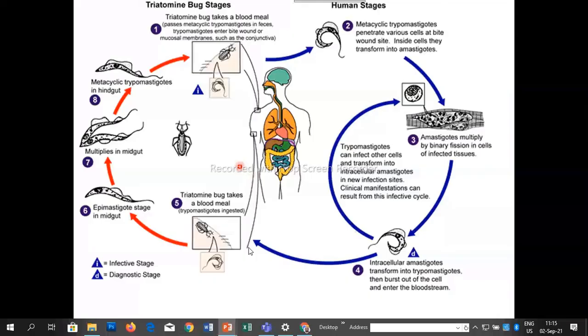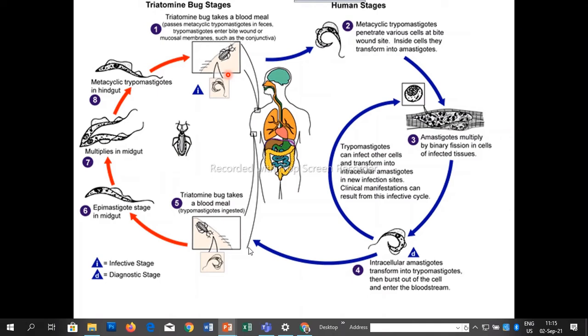You can see that a man is infected by a triatomine bug, which comes to take a blood meal and passes metacyclic trypomastigotes in feces, and the trypomastigotes enter the bite wound or a mucosal membrane, such as the conjunctiva, and penetrate the body.